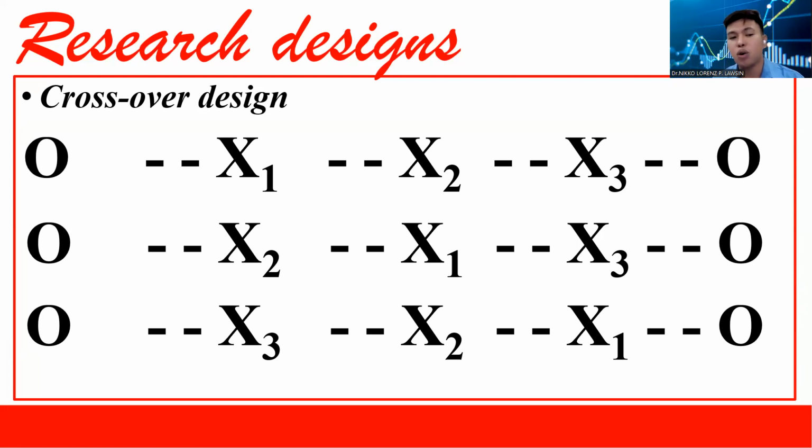The logic behind this crossover experimental research design is to test if the sequence affects the post-test or not, or to prove that the sequence does not affect the outcome, or the other way around, that the sequence affects the outcome. Okay, so one of the characteristics of quantitative research design is to compare or to test the theory. So it's more the theory of order.